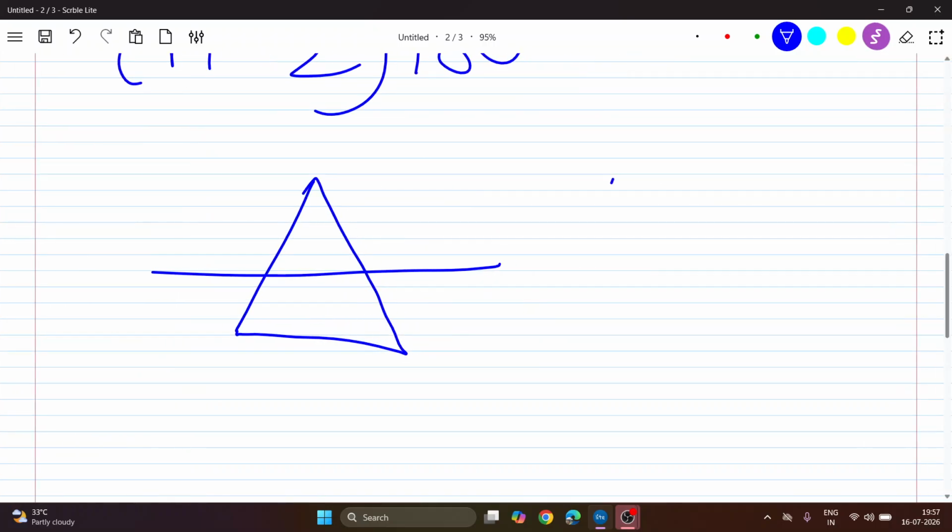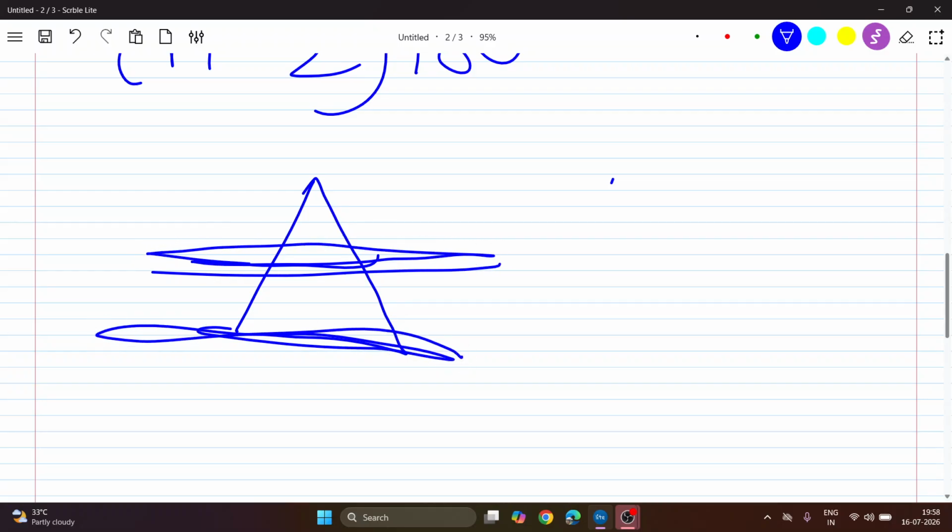Let's say these two lines are parallel. This line and then this line, okay? So this intersects these two, and this is parallel to this line.